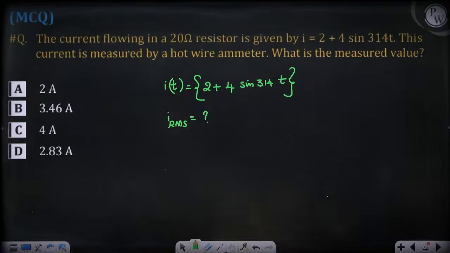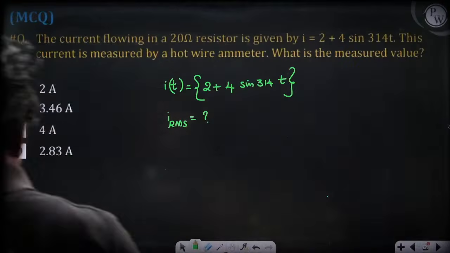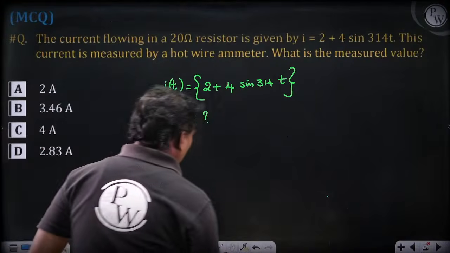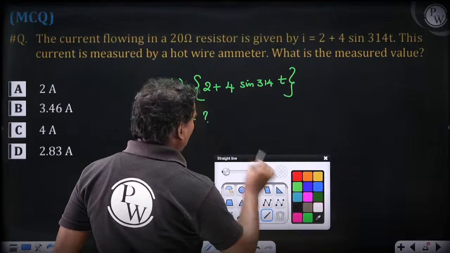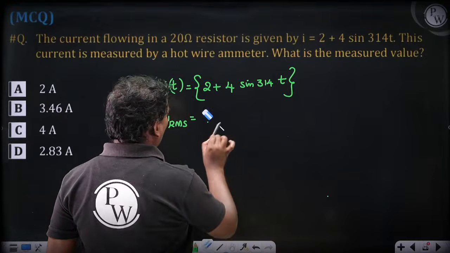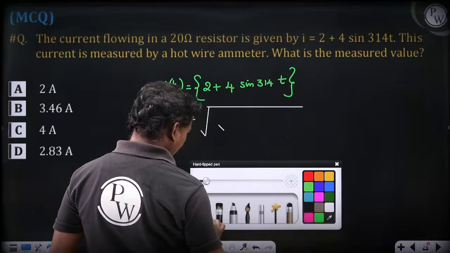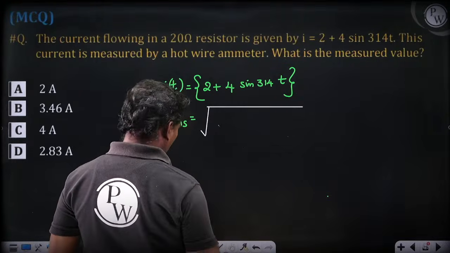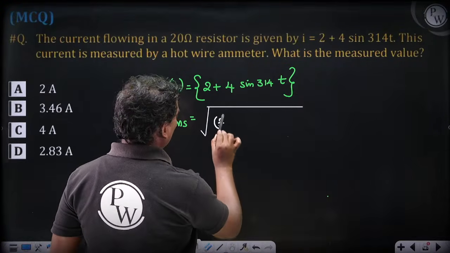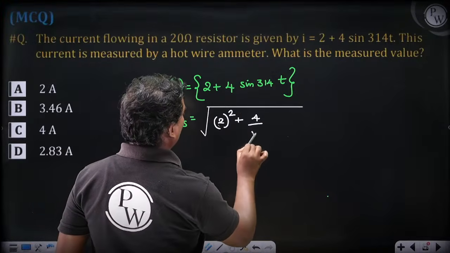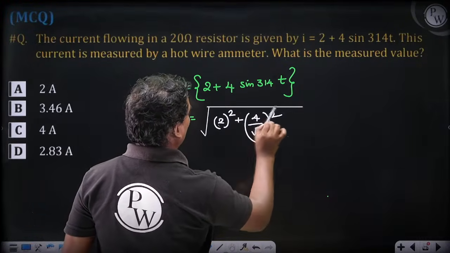Answer for this question. So I RMS, how can I take it? I can take it as the square root of, because a hardware instrument measures like this. So I will take it as the square root of 2 squared plus (4 by root 2) whole squared.